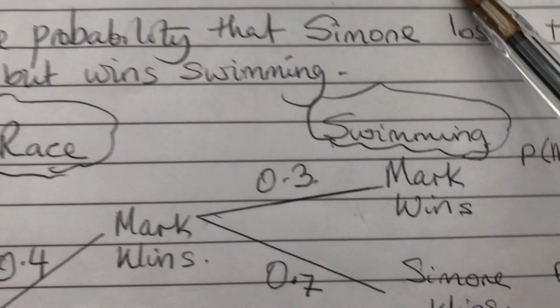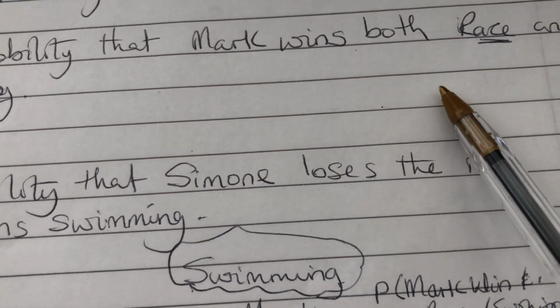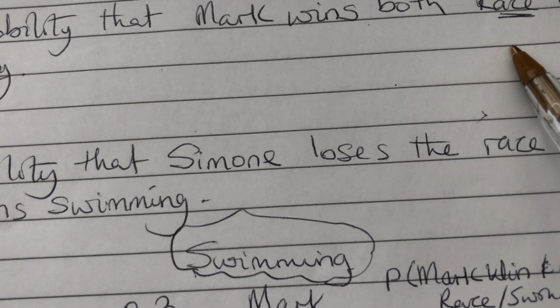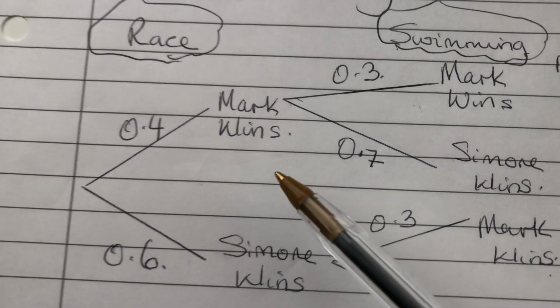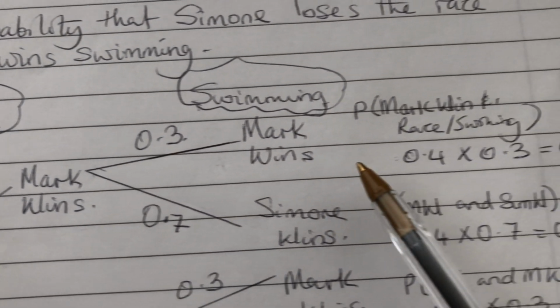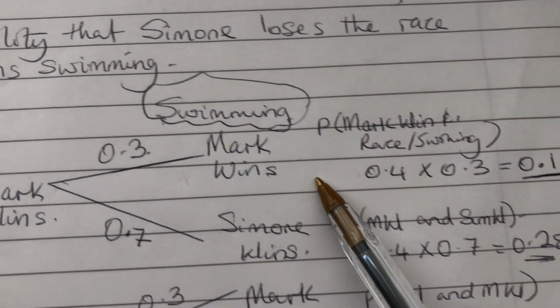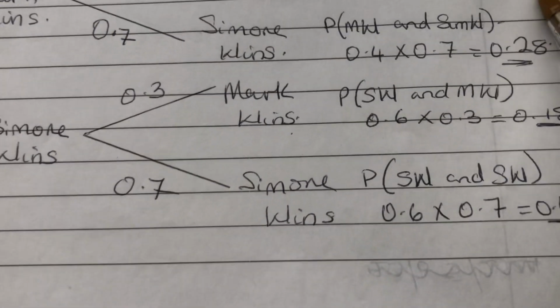So I'm going to use the diagram to find the probability that Mark wins both race and swimming, which is Mark wins race and Mark wins swimming, which is here 0.12.